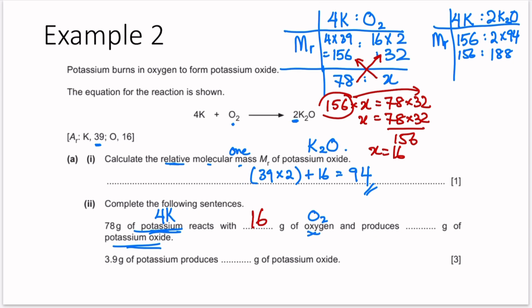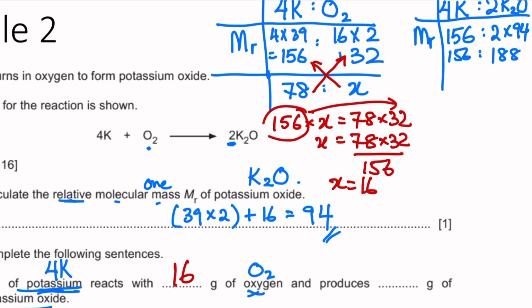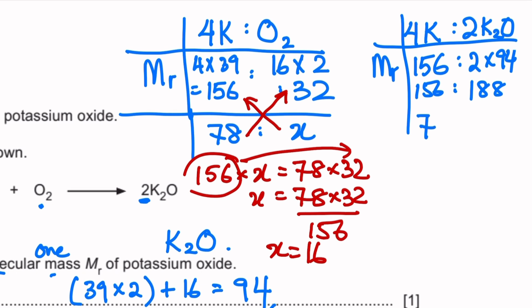So what if you have 78 gram of potassium? 78 gram to the ratio of how many potassium oxide?